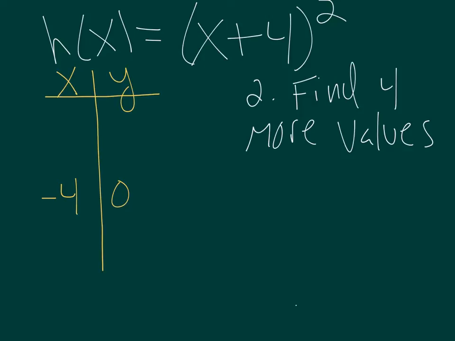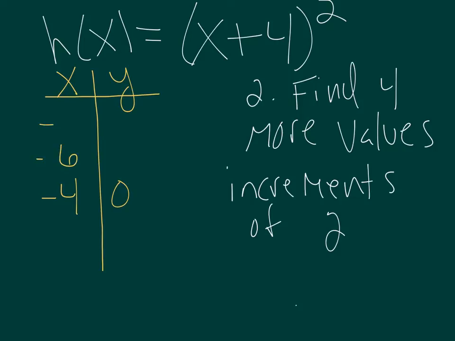It says find 4 more values, and what I want to do is go in increments of 2. So I'm just going to put my x values right in the chart right now. If I want 2 values that are lower than negative 4, they would be negative 6 and then negative 8, and the 2 that would be higher would be negative 2 and 0.